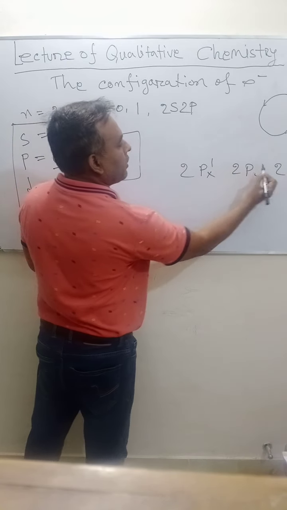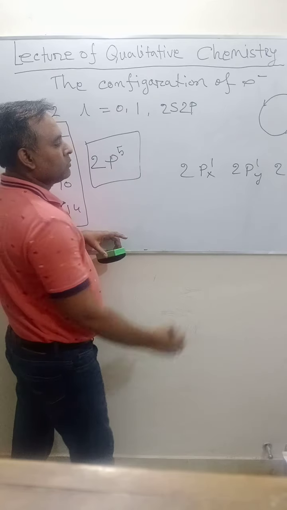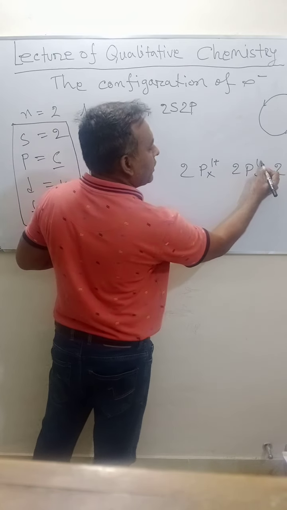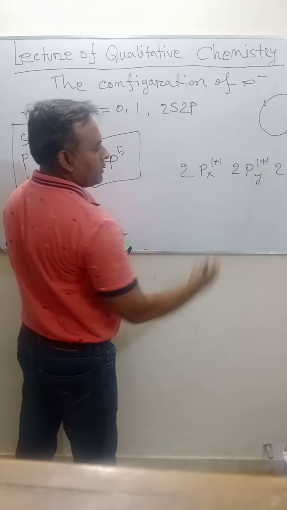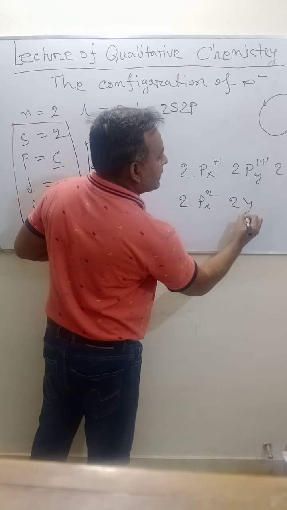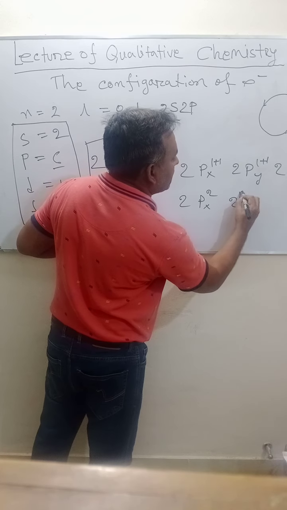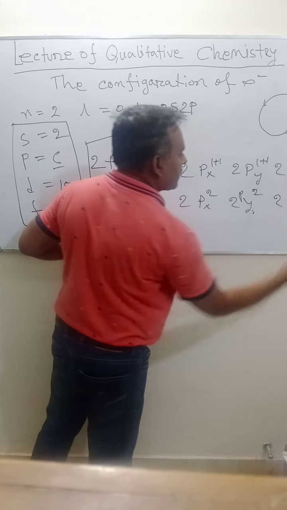First you have to give here, here, here. Then you have the remaining 2. Then put it here, then put it here. A few minutes ago I described. Then 2px, 2py, 2pz. Clear?